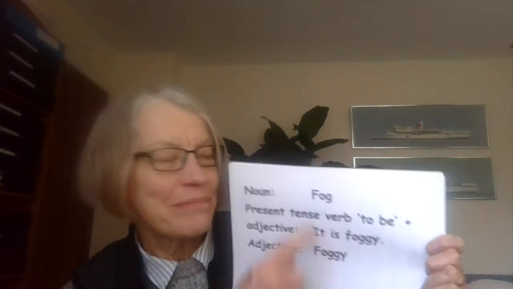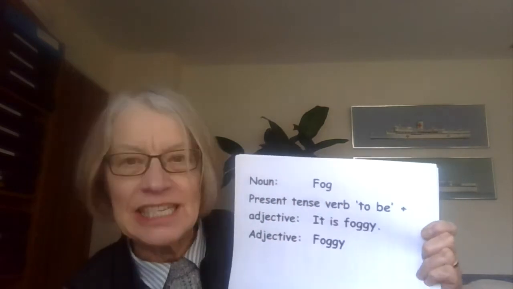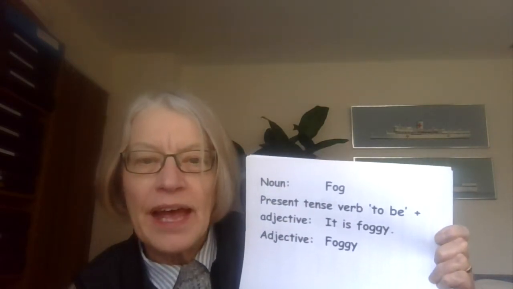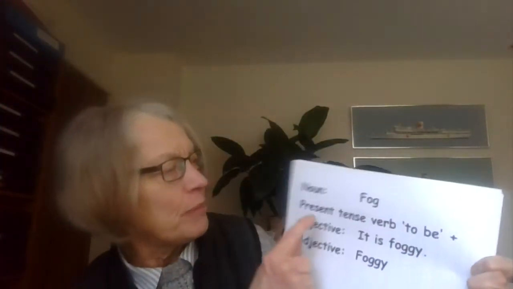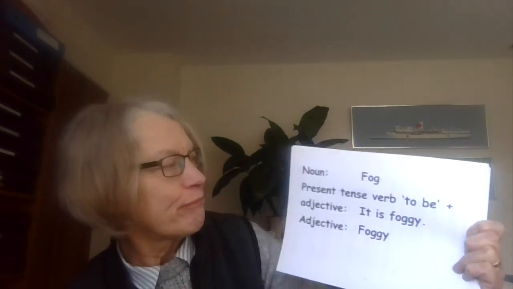The next one. The noun is fog. And fog is when it's all grey and you can't see very far. There's fog and you can't see, and everything is very blurred. Fog.